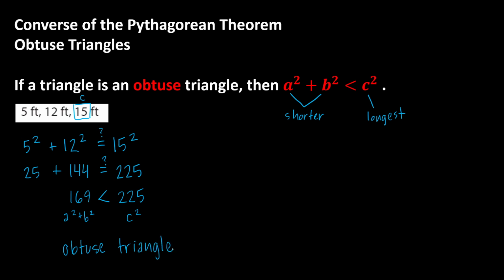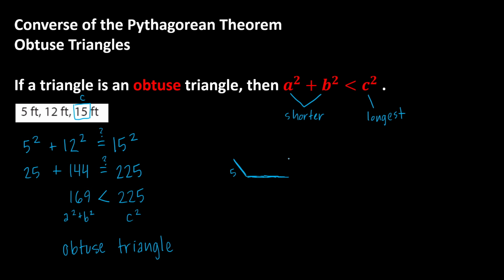And again, just to visualize, I'm not saying this is a reliable way to solve your problem, but let's say this is my 5-foot side length. And I know that the 12-foot side length is a little bit more than double. Let's make that obtuse angle here.